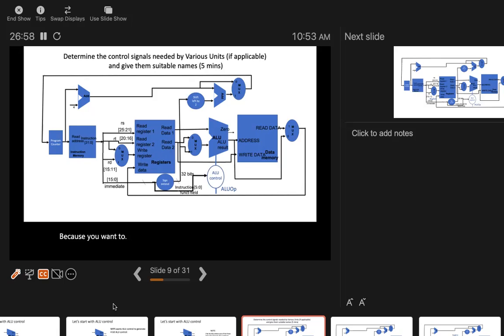Yeah, that's fine. It's zero. Yes, or if you jump. Check if it's an immediate.